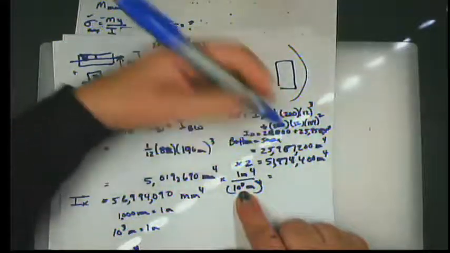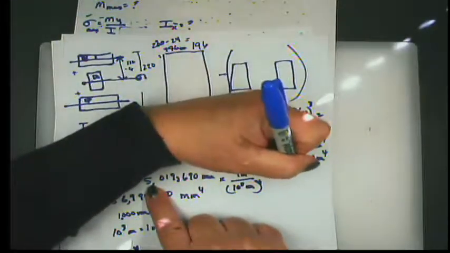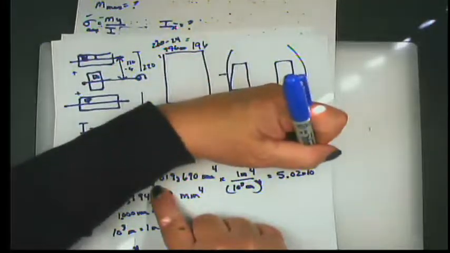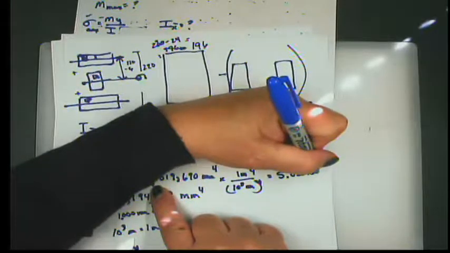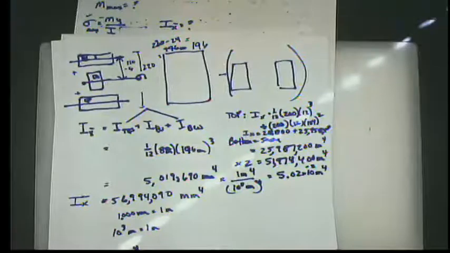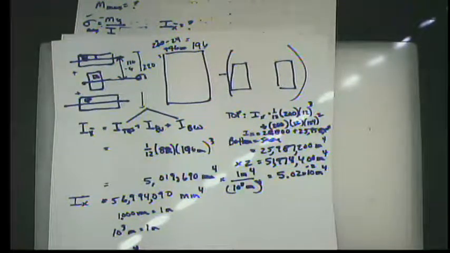So you get this number times 10 to the minus 12, which would be 5.70 times 10 to the minus 5 meters to the fourth. That's a more manageable number. But I hate to do this. Taking units to higher powers always messes people up a lot more than it should, so I prefer to just go to base units right at the beginning.